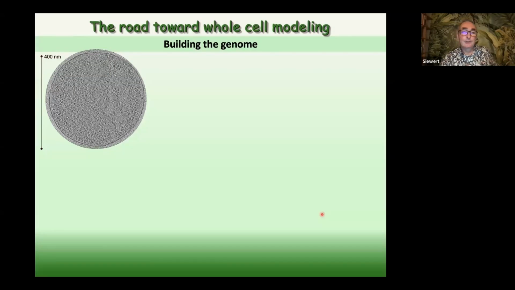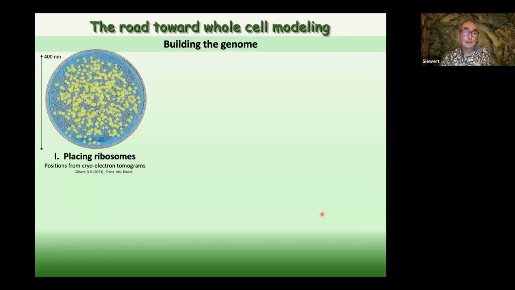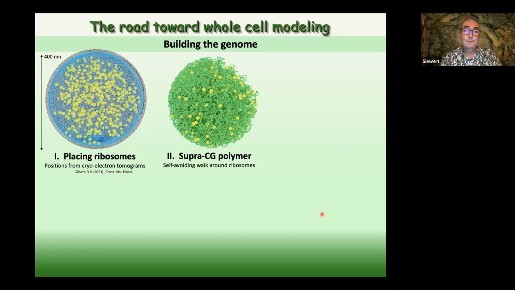So we started by putting in ribosomes. The positions of the ribosomes are more or less uniformly placed across the entire cell, as was shown by cryo-electron tomography.